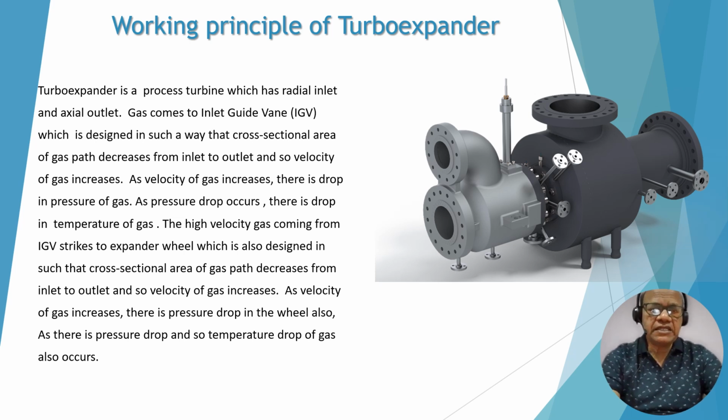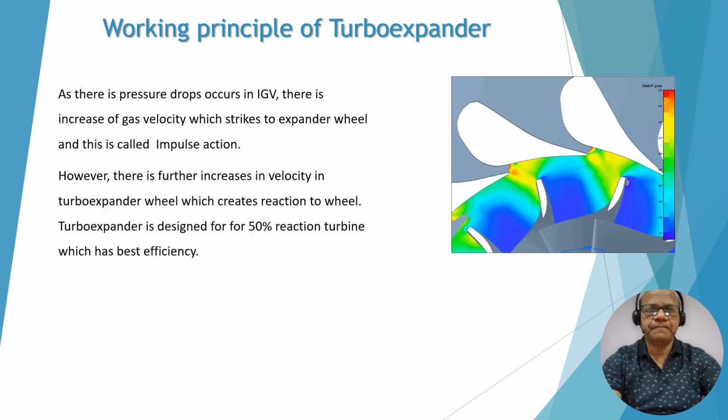As the velocity of gas increases, there is a drop of pressure in the wheel, and as there is a drop of pressure in the wheel, there is a drop of temperature in the wheel. Since there is an increase of velocity, it will create a thrust on the wheel, and that is called reaction. So the expander is an impulse and reaction turbine.